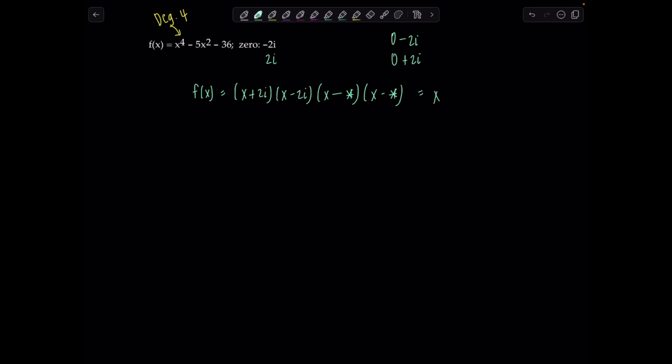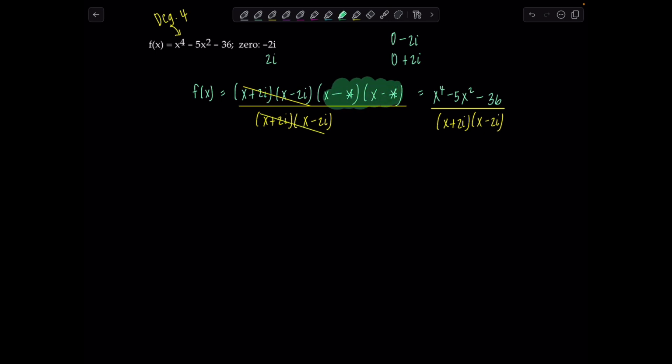And all of that is x to the 4th minus 5x squared minus 36. So just like last time, I want to divide the original polynomial by both x plus 2i and x minus 2i. That way, the quotient, what's left over, will contain the remaining 2 zeros.